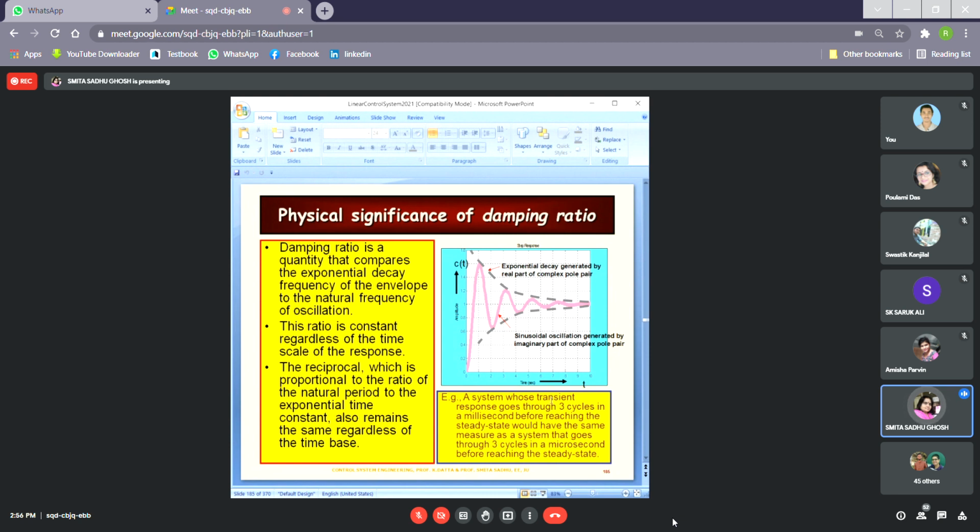Now on the right-hand side, something is written: for example, a system whose transient response goes through 3 cycles in a millisecond before reaching the steady state would have the same damping ratio as a system that goes through 3 cycles in a microsecond before reaching the steady state, right? So what is being said is that if the system goes through 3 cycles before reaching the steady state, whether the time base is in microseconds, milliseconds, or seconds, all such systems would have the same damping ratio.